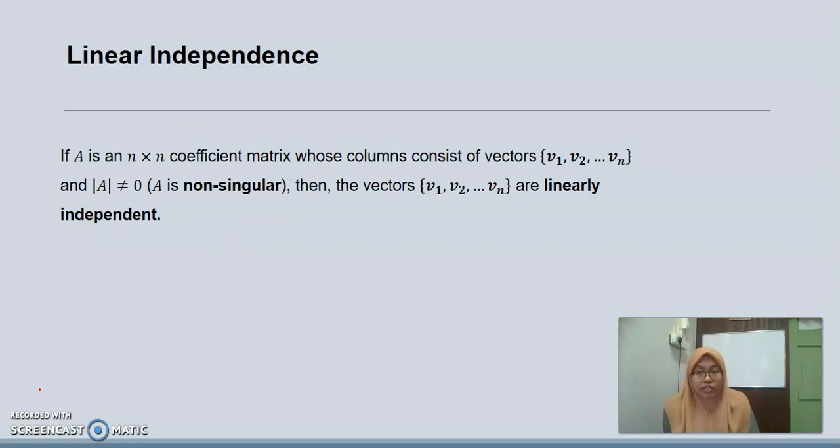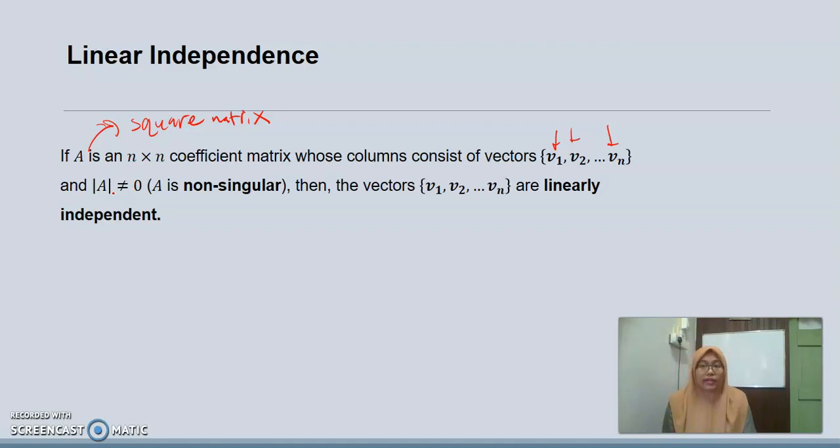From the system of linear equations, you will have a matrix A. Let's say your A matrix is an n by n coefficient matrix. In other words, A is a square matrix whose columns consist of vectors v1, v2 up until vn, and the determinant of A is not equal to 0.